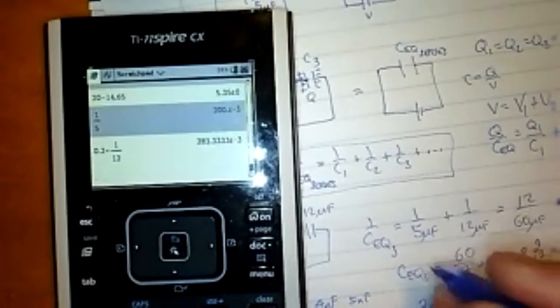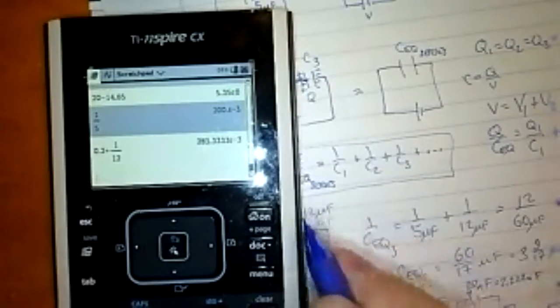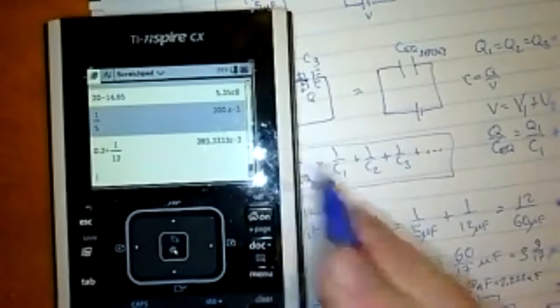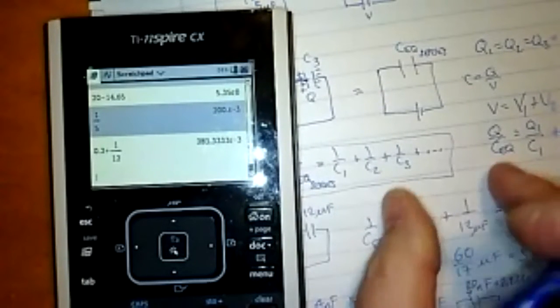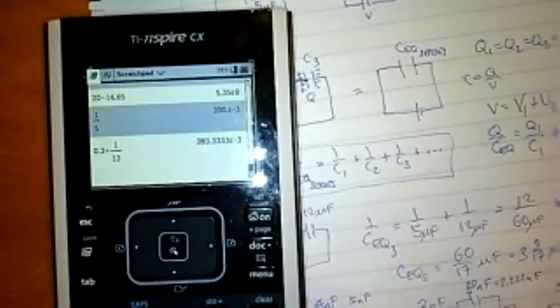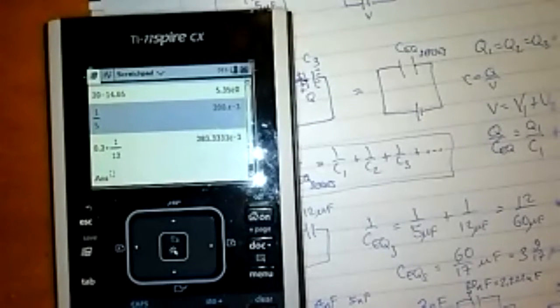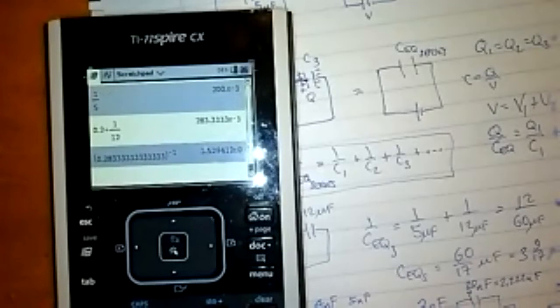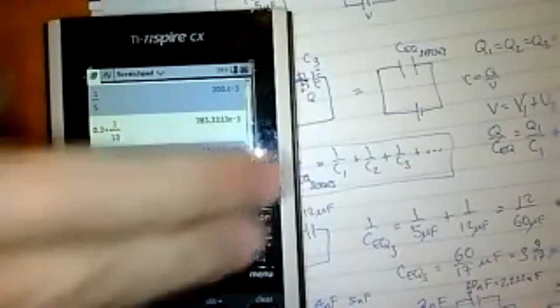And now you've got the 1/5 plus 1/12, and that gives you 0.283 times 10 to the negative third, which is the right-hand side of this. Now I got to flip that over. So I'll say raise it to the -1 power. And that gives, oh, that gives me 3.529. Is that what I had before? Oh, no, it was right. Okay, I did get that one right. So that one checks.